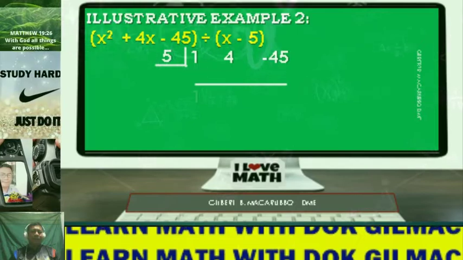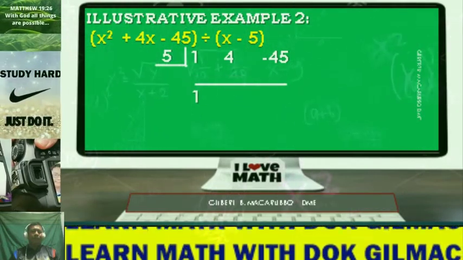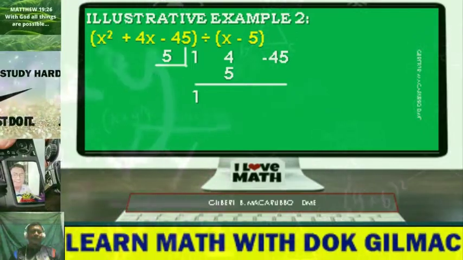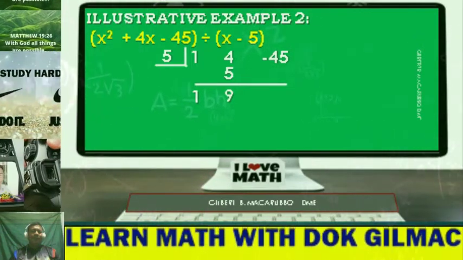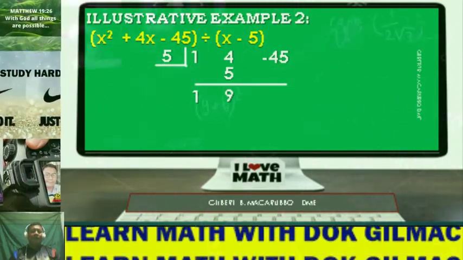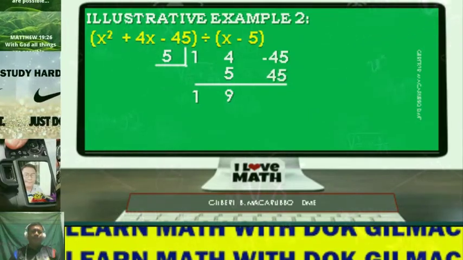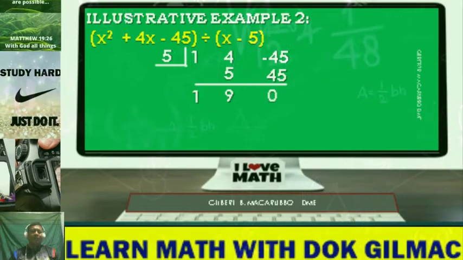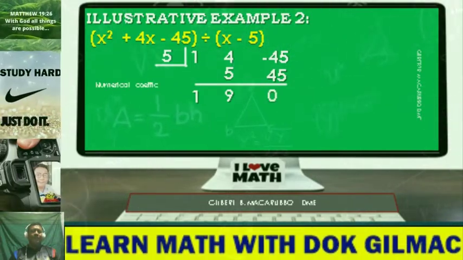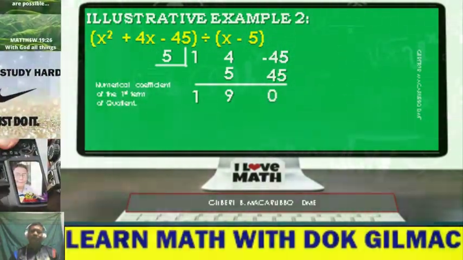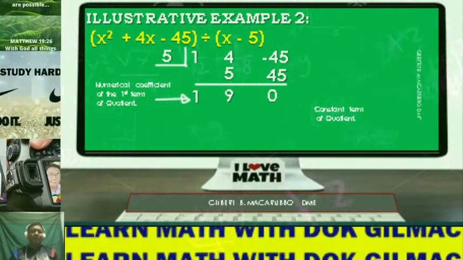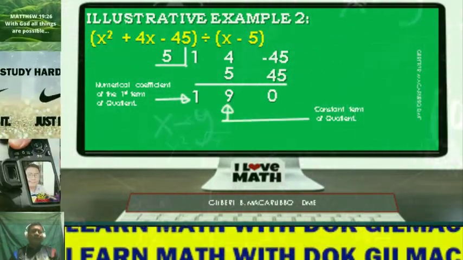Let's bring down 1. Multiply by 5, so we have 5. Adding 4 and 5, so we have 9. 9 times 5 is positive 45. Negative 45 plus 45 is 0. So you can see the numerical coefficient of the first term of the quotient is 1. The constant term of the quotient is 9.